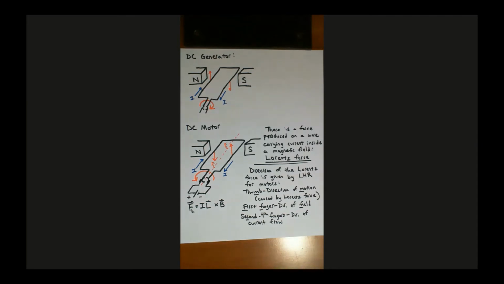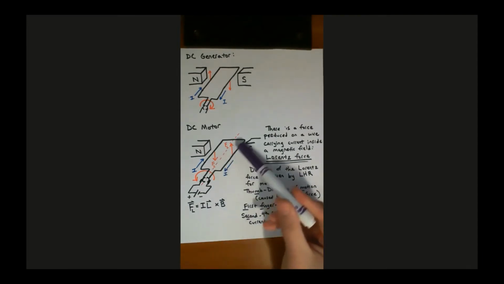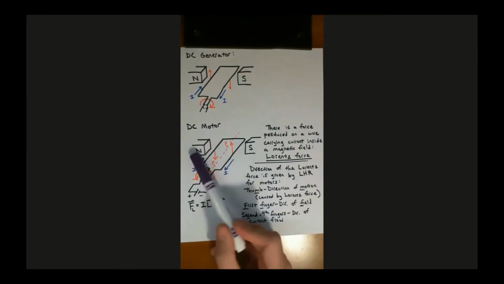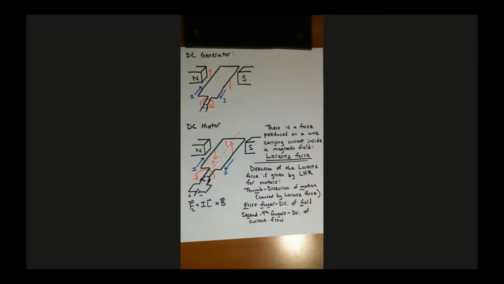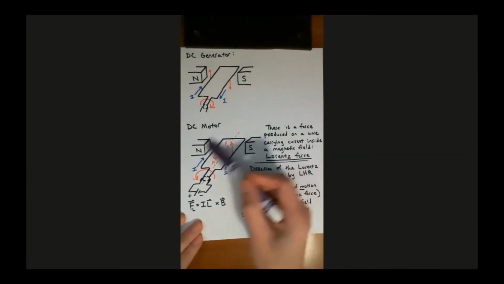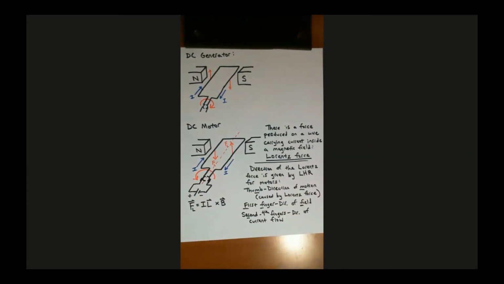So once we've got motion, once this thing is actually rotating, we have a conductor, we have a magnetic field, and we now have motion between them, right? So think about what that means. If we have a conductor, like here, who cares if it's in a motor, we've got a conductor, we've got a magnetic field, and we've got motion between them. What does that sound like?